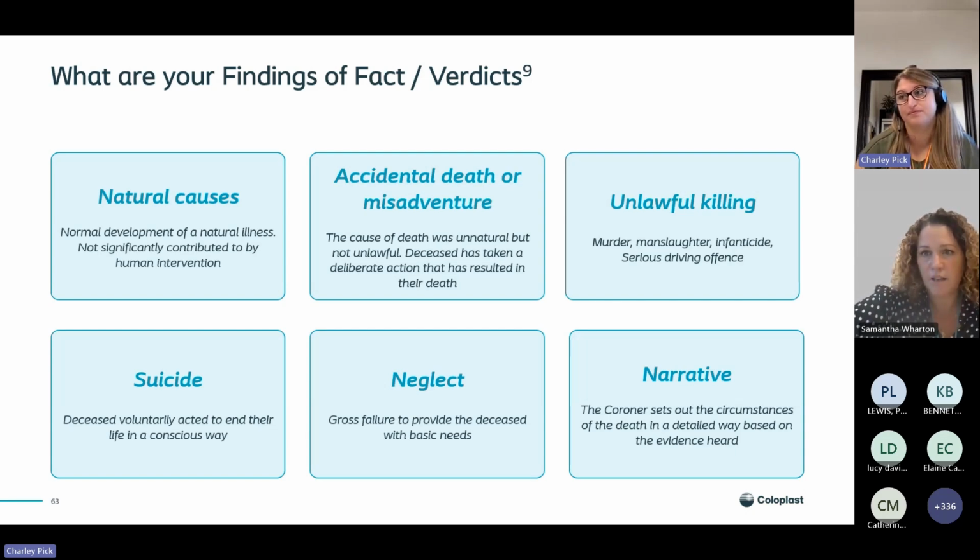Still loads of neglects coming through as a conclusion. Someone's put narrative as well. So we're getting occasional narratives, but the large proportion is neglect. Nobody has said they shouldn't have a regulation 28 yet.